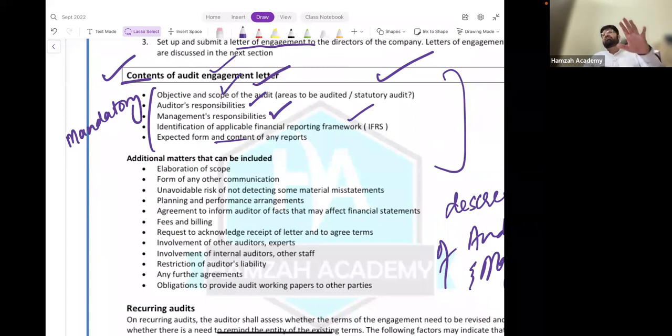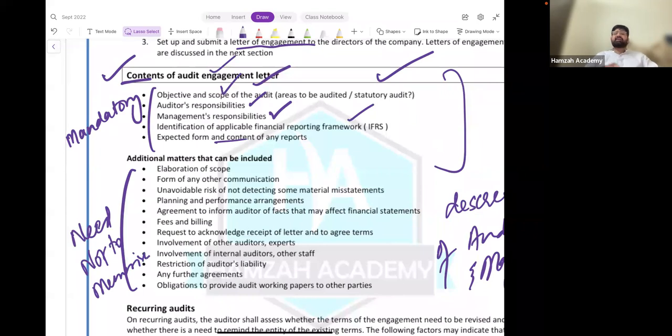So these 5 items must be mentioned in the engagement letter. Other matters you need not memorize. Any other information which the auditor thinks will enhance the clarity of terms and conditions, or which management thinks is important, is included.